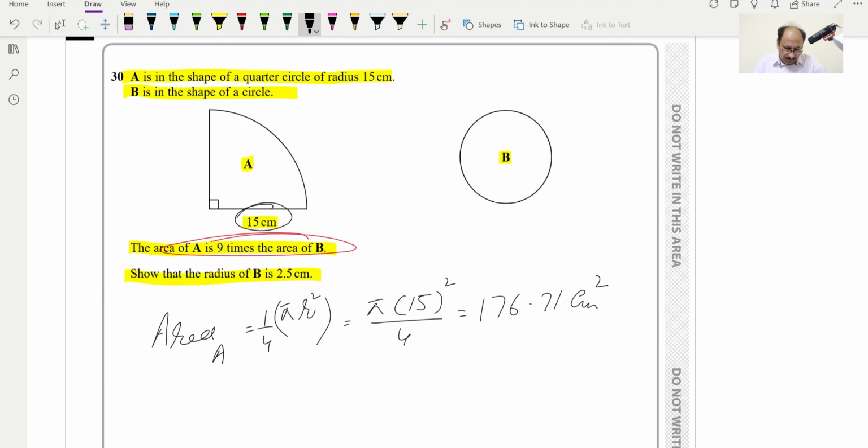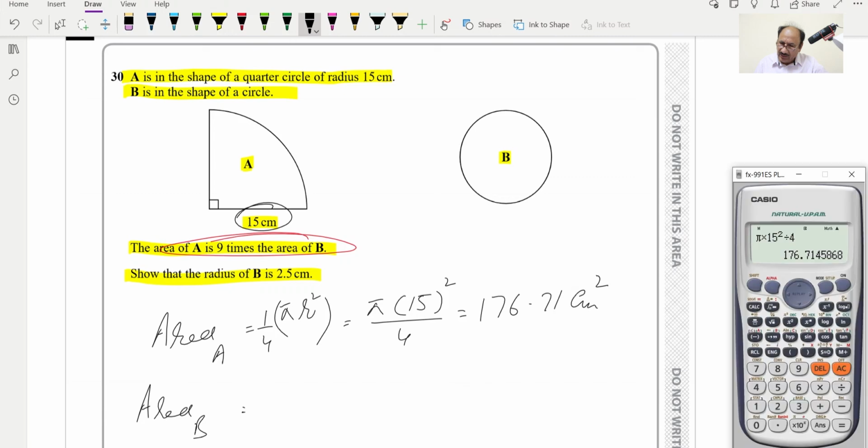Now the area of B. What will the area of B be? They are saying the area of A is 9 times the area of B. So we can divide this by 9, which will be equal to 25 over 4 pi.